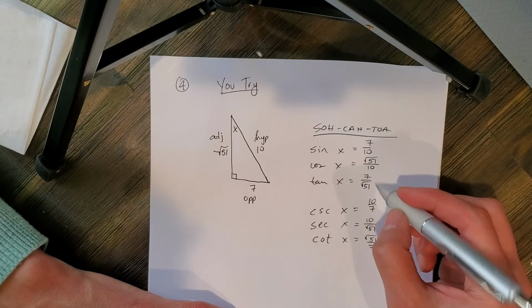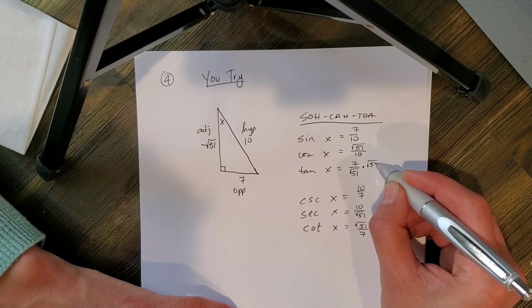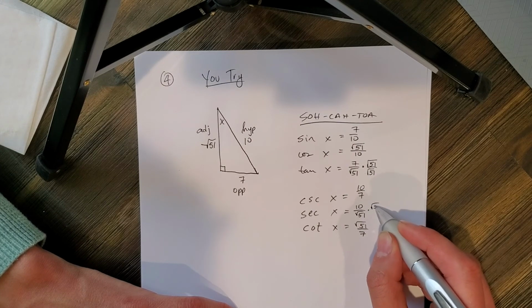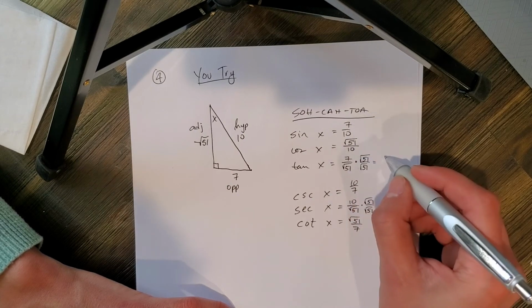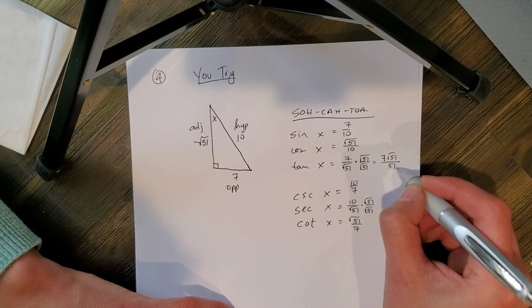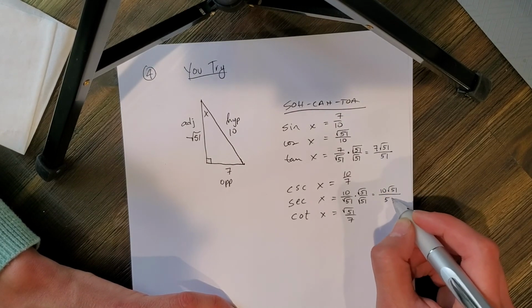Let's go ahead and rationalize that. So this would be multiplied by square root of 51 over square root of 51. Same thing over here, square root of 51 over square root of 51. So this will be 7 square root of 51 over 51. And this would be 10 square root of 51 over 51.